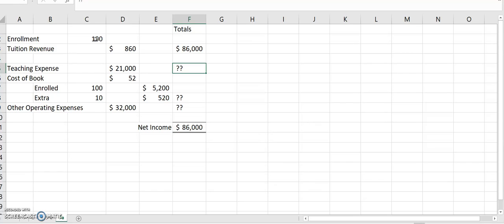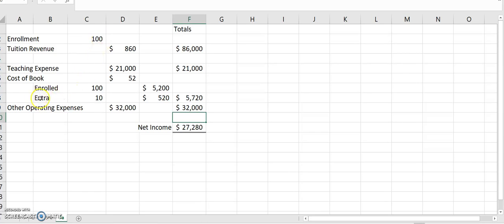So we're going to have $86,000 in revenue. We're going to pay our teaching expenses. We're going to have not only the 100 books for the students that enroll, but also our buffer, our extra books. So our books are going to cost us $5,720, and our other operating expenses are going to be there as well.